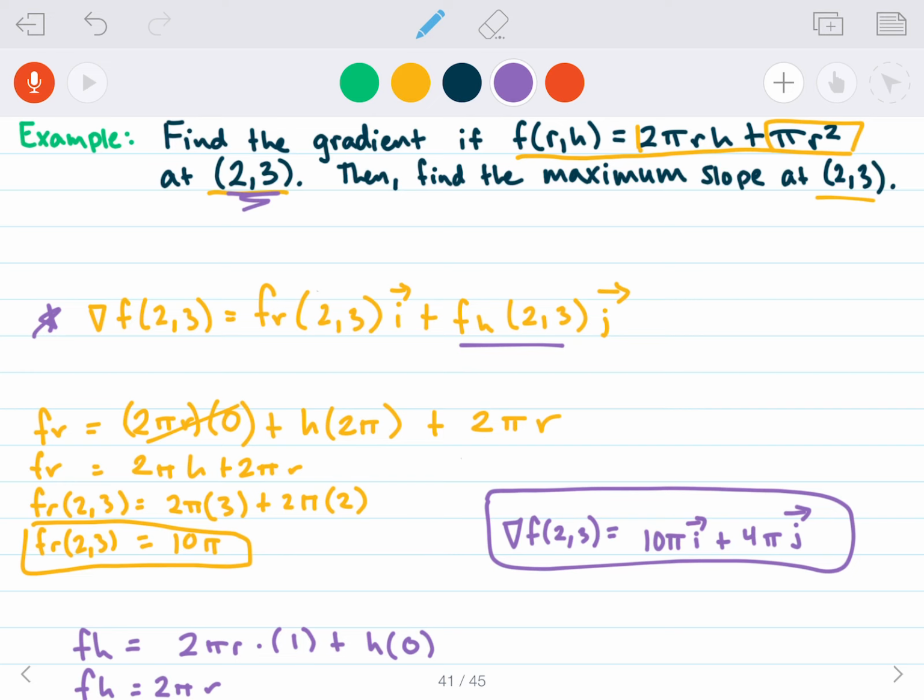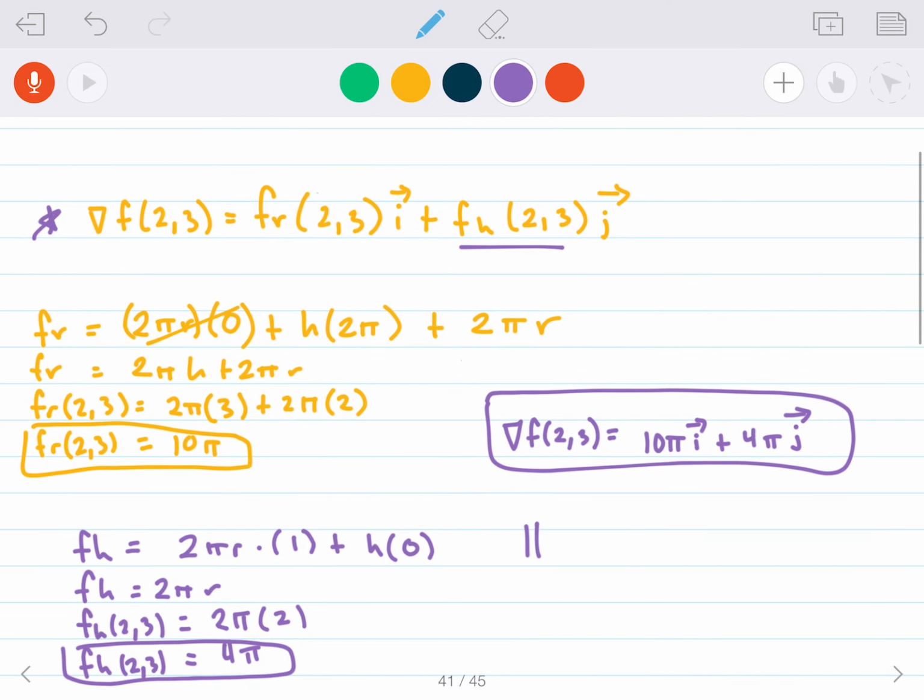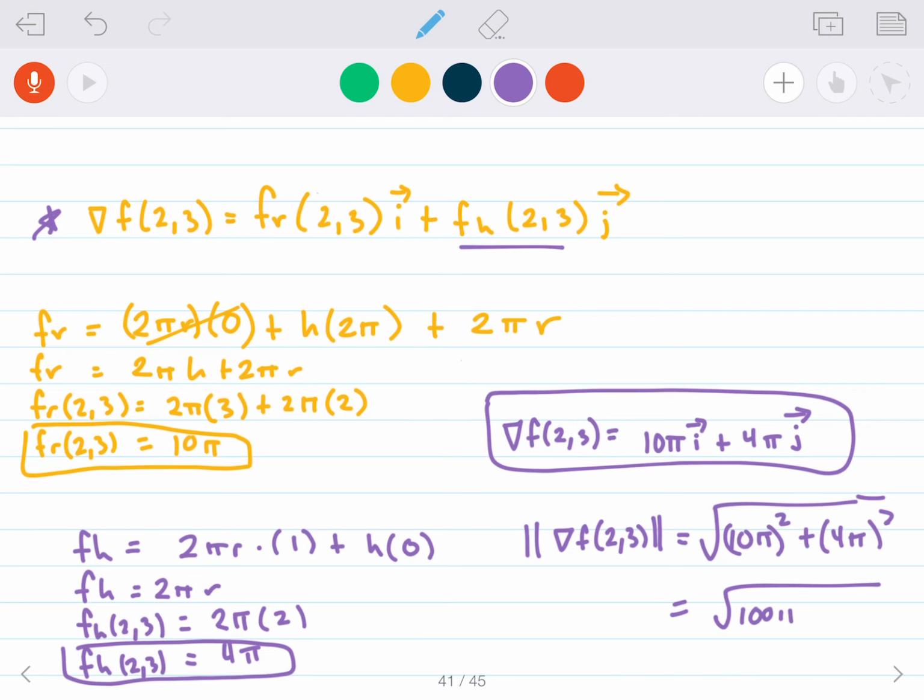So let's go ahead and find the maximum slope by finding the magnitude of the gradient. Maximum slope at that point, I should be careful with that. So this is going to be the square root of (10 pi) squared plus (4 pi) squared. So that's going to be 100 pi squared plus 16 pi squared.